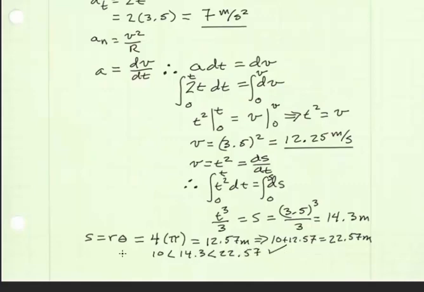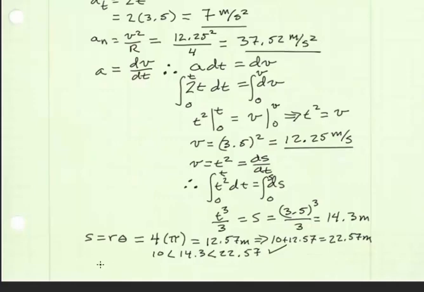Now we can go back up to our normal acceleration and plug in what we know. Our velocity we determined was 12.25 meters per second. So 12.25 squared divided by our radius, which is 4 meters, gives us a normal acceleration of 37.52 meters per second squared.